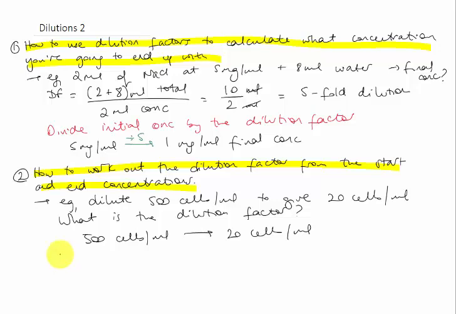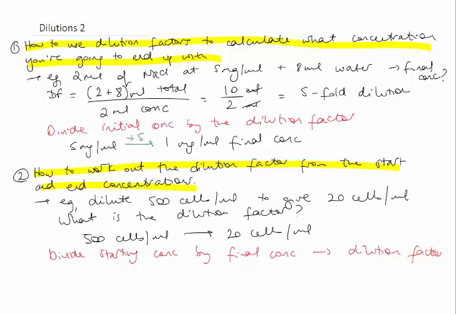So here what you have to do is divide the starting concentration by the final concentration, so that gives you the dilution factor.